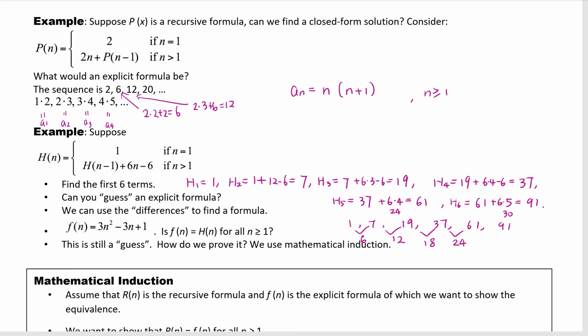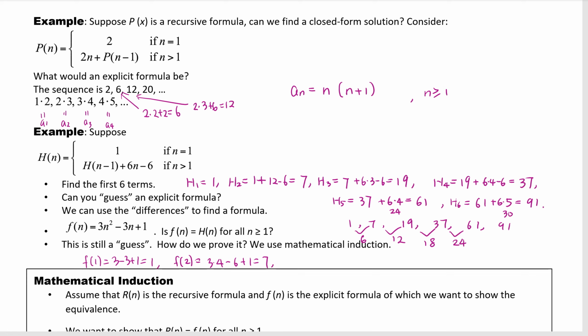Okay, let's plug in some numbers. F1: 3 minus 3 plus 1 is 1. F2: 3 times 2 squared is 12, 3 times 2 is 6, so 12 minus 6 plus 1 is 7. So it looks like it works for F1 and F2.